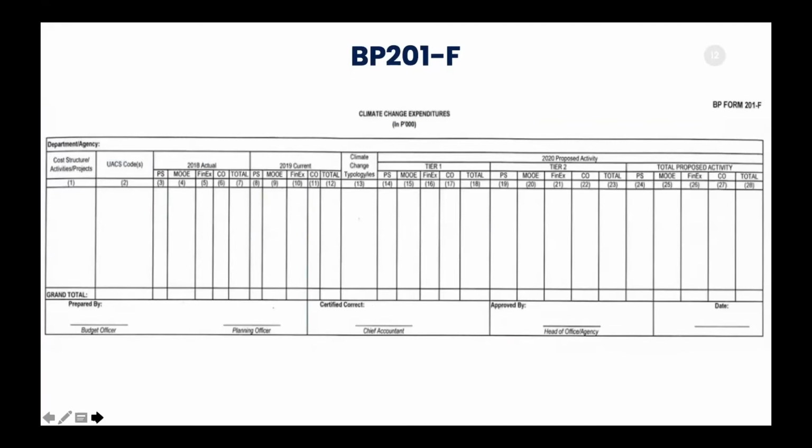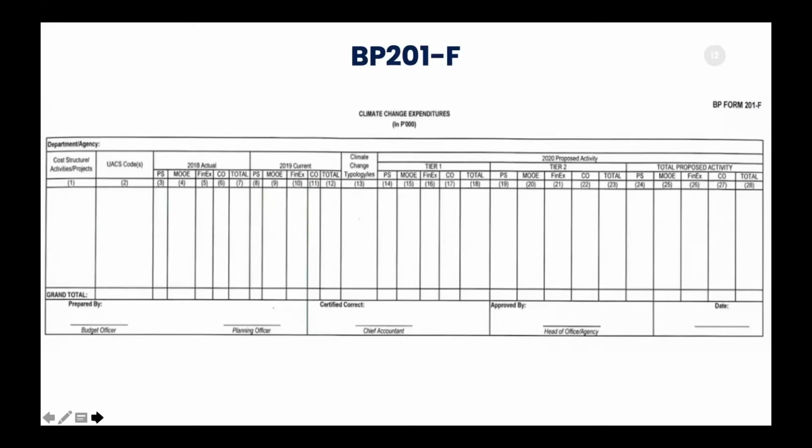So kung wala po kayong climate change expenditures po, by reviewing your PAPs, kung sa tingin niyo po wala po kayong climate change expenditures doon, then you don't need to submit this form.